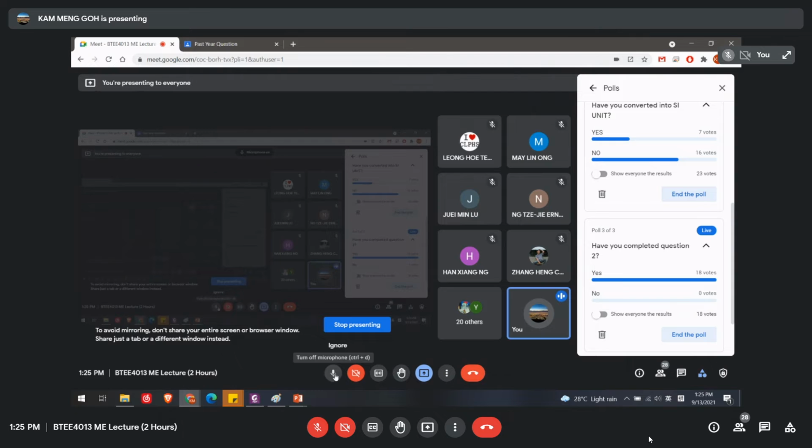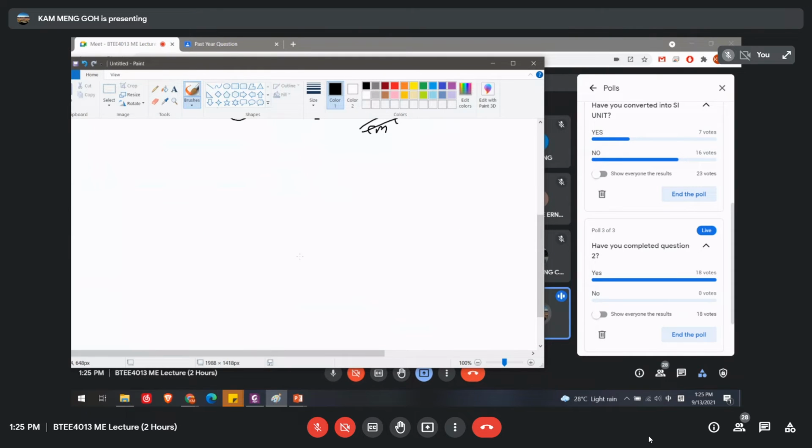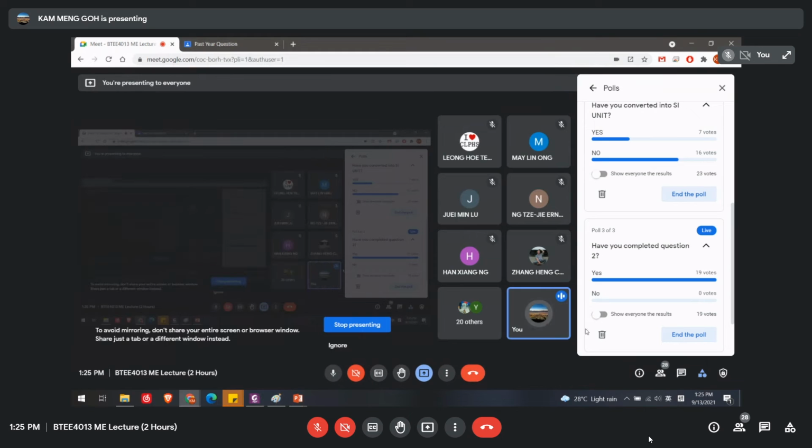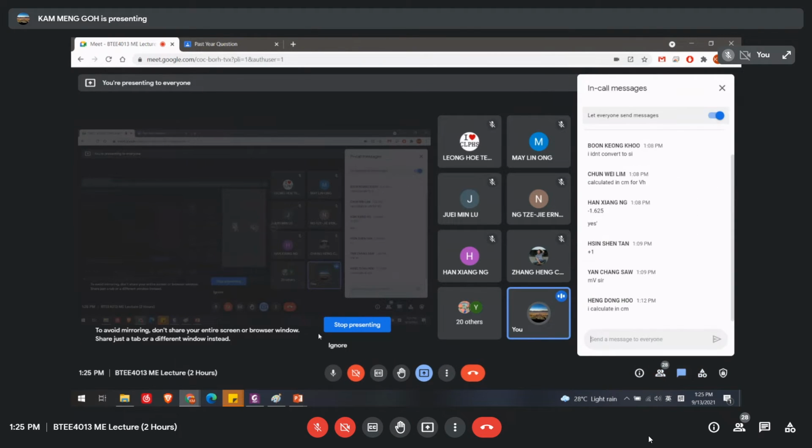Okay, since more than half of you have completed this question, let's proceed with the answer. I believe right now you're already using the SI unit to calculate the answer. So what's your n? Can anyone tell me? Let's pick a guy. Lu Jiaming, are you here?